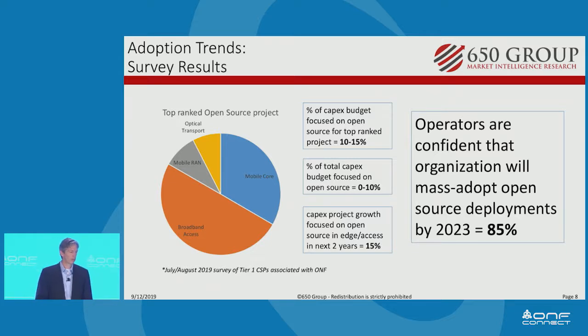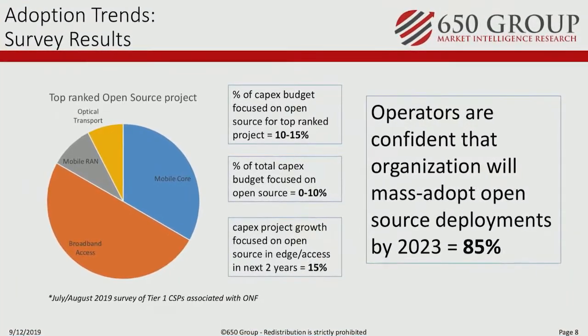And what we found was actually pretty similar to what we've heard here at the conference, which is broadband access is the top ranked open source project, followed by mobile core. And then a little bit further down, you'll see the top rank is mobile RAN or optical transport. If you dig in a little further on our survey, you'll see that some operators are looking at mobile RAN and optical transport as maybe the second or third or fourth priority.